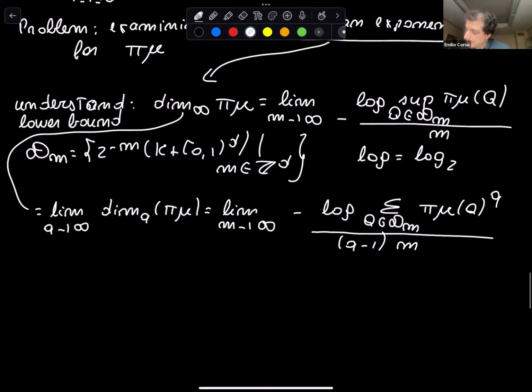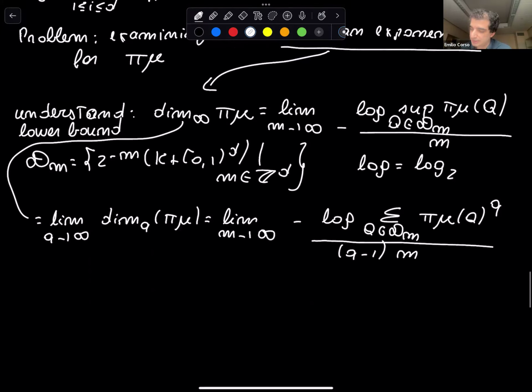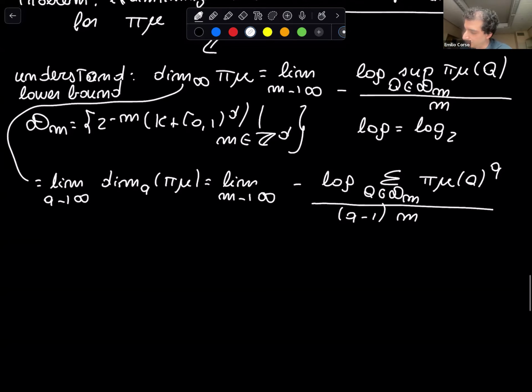Now, for the sake of illustration, let me replace π μ with a homogeneous self-similar measure, because for π μ there are additional pieces of data that enter the framework and will completely cloud the gist of the argument.